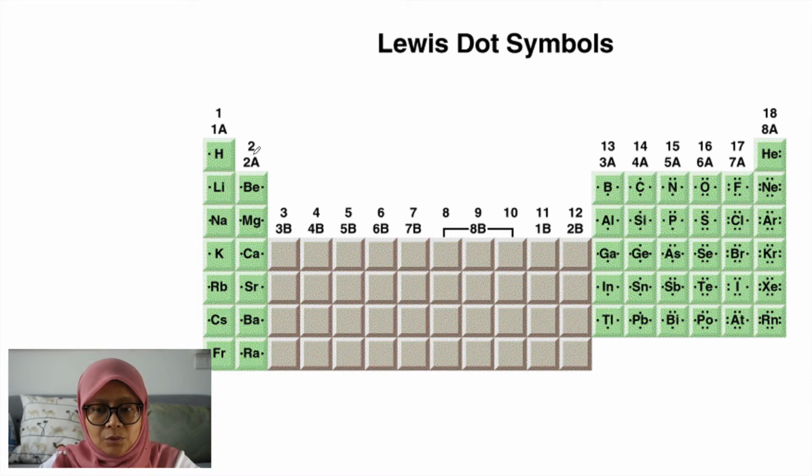For group 2, we have 2 valence electrons, for example beryllium, magnesium and so on, so they show 2 valence electrons surrounding the element, and so on. If we have, for example, group 18 or group 8A, this is a fully filled electron configuration, so they will show 8 valence electrons.